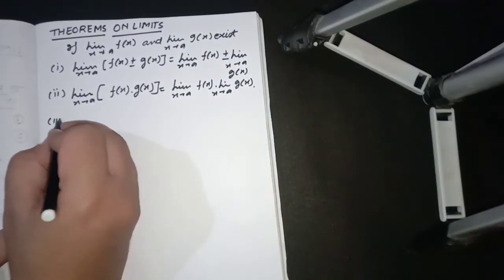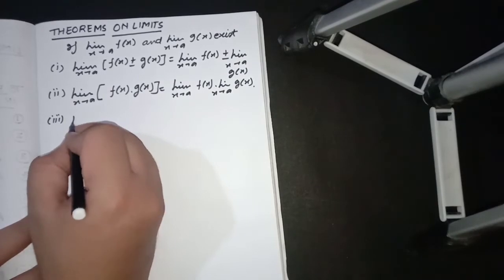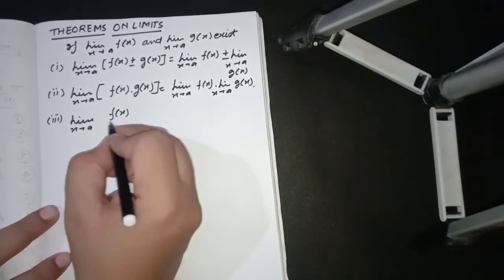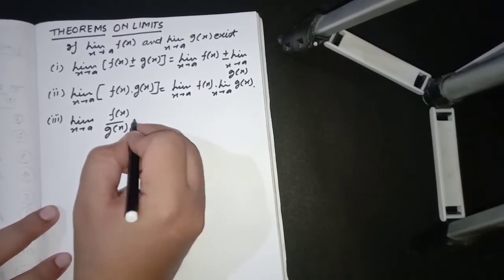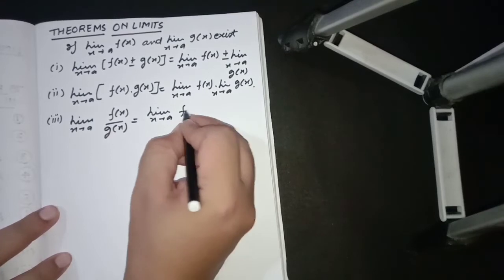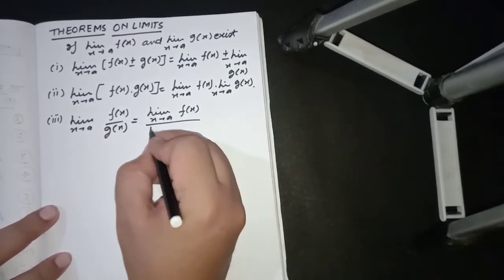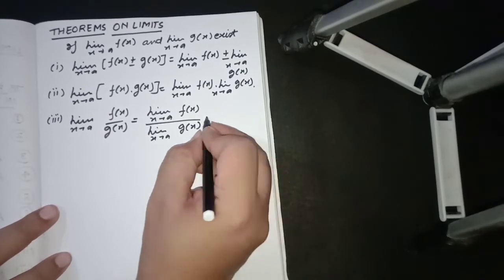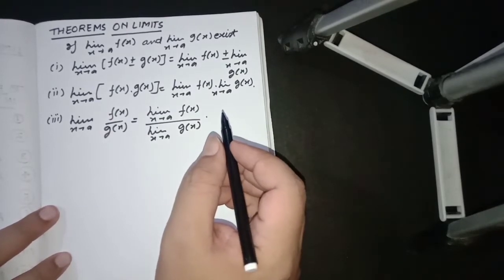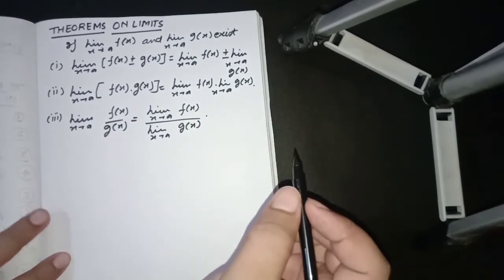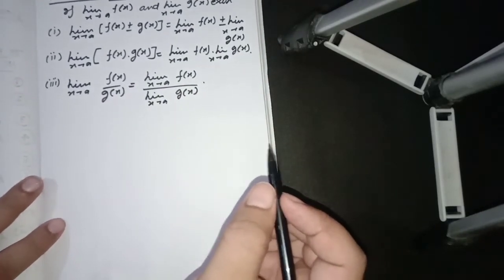And the third one is limit x tends to a f(x) upon g(x), so that will be equal to limit x tends to a f(x) upon limit x tends to a g(x). So these theorems will be useful for solving the questions of limits, so you must know it.